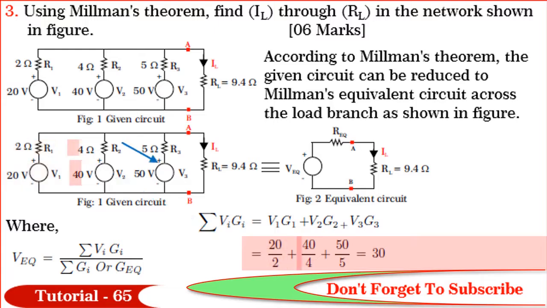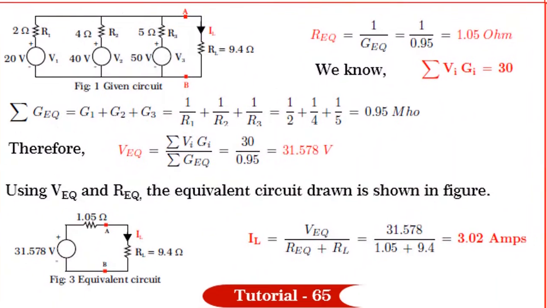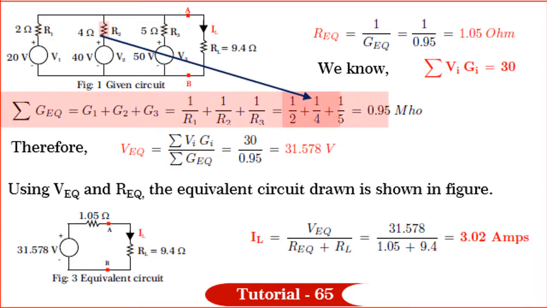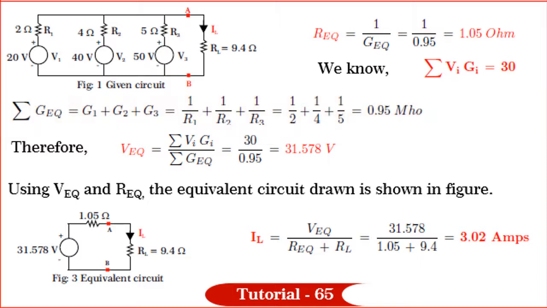By substituting the values, we get summation of VI GI is equal to 30. Similarly, summation of G equivalent is equal to G1 plus G2 plus G3. By substituting the values, we get summation of G equivalent is equal to 0.95 mho.